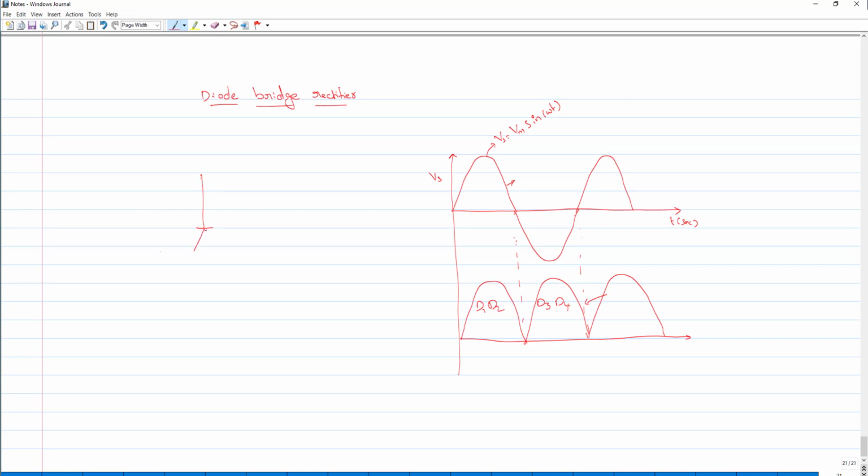This is one diode, this is another diode, and this is one more diode, this is one more diode. Now when the positive voltage is seen by this diode, say D1, and say this is D2, the drop across this diode is 0, isn't it? The drop across the diode is 0.